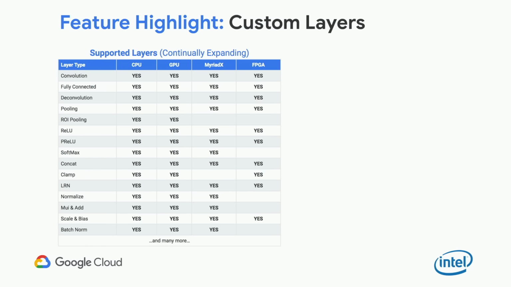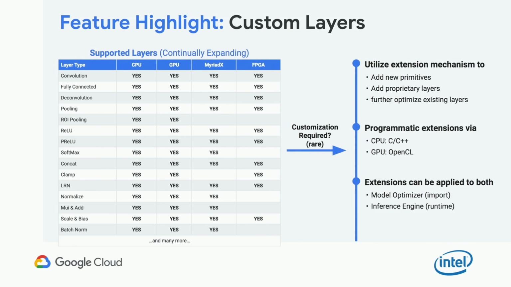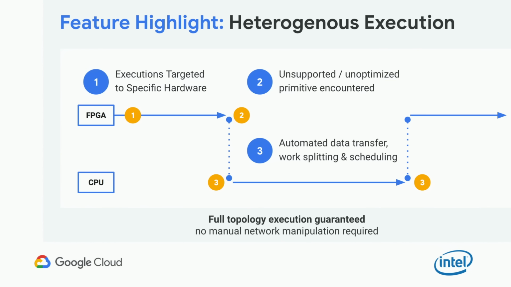On the left in this slide, you can see a list of currently supported layers. Intel continues to expand this list. If a given layer is not currently supported, documentation is provided detailing how a user can add new primitives or layers, or how to further optimize existing layers.